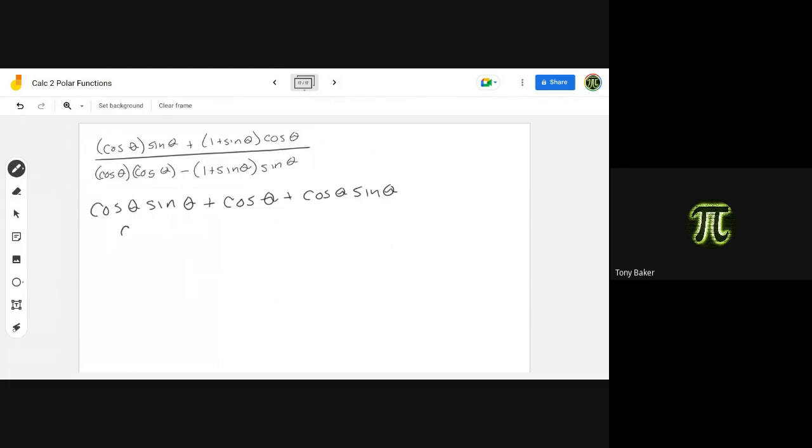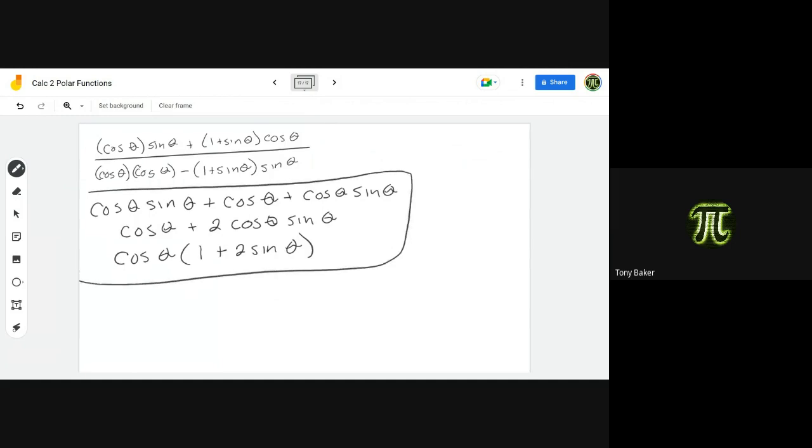So I have cosine θ plus 2 cosine θ sine θ, which, if I pull out the cosine θ, is 1 plus 2 sine θ. So that's the top. And if I were you, I would do it similar to this. I would literally try to simplify it down one at a time. Do the top, do the bottom, and then put them back together.